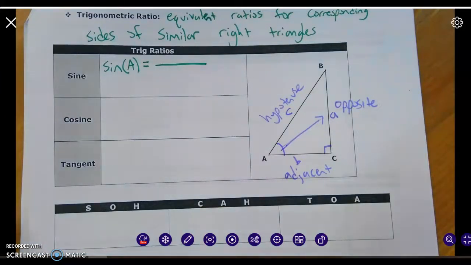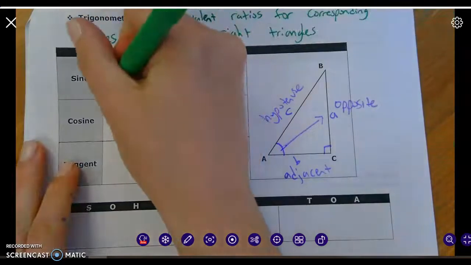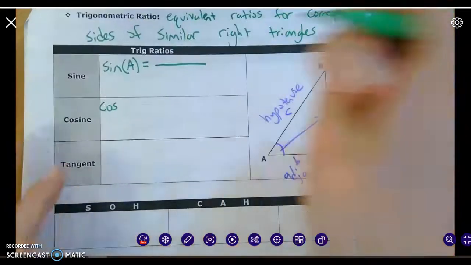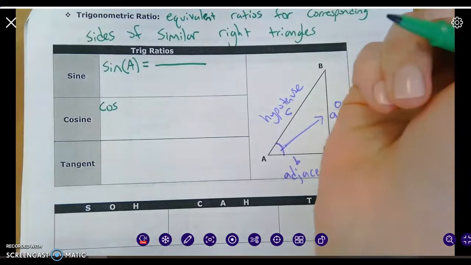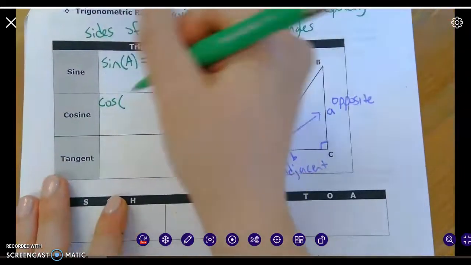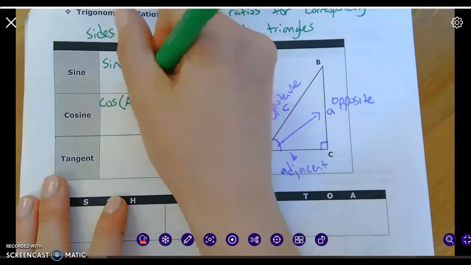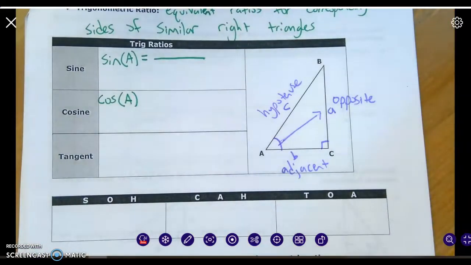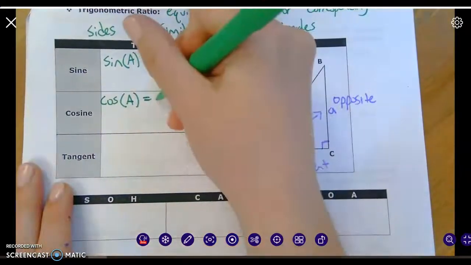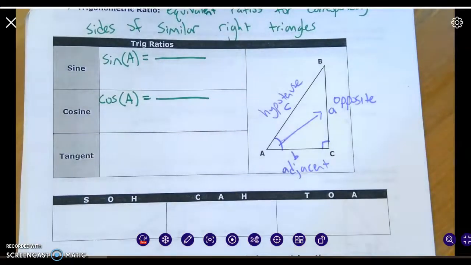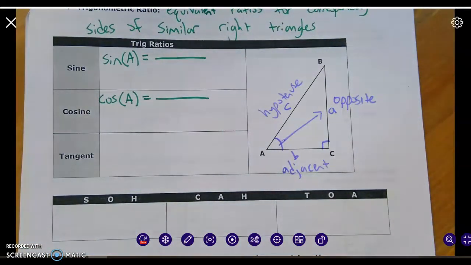We're going to come back to that, but let's jump down to cosine. Same thing here, COS, parenthesis, A, close parenthesis, equals a fraction. And then do that one more time for tangent.